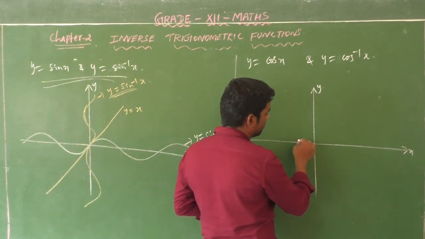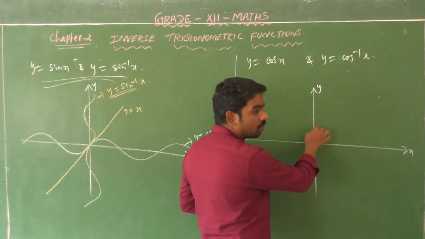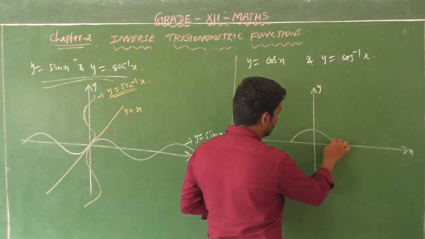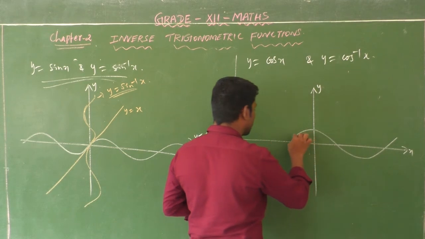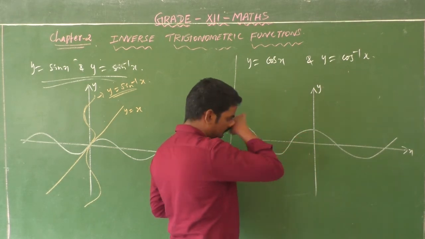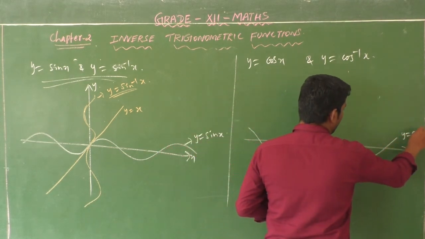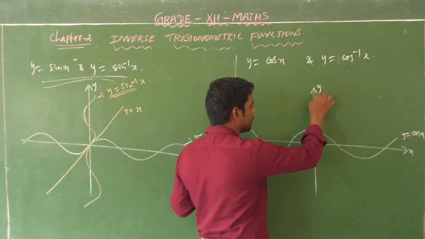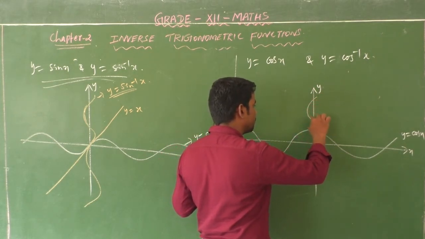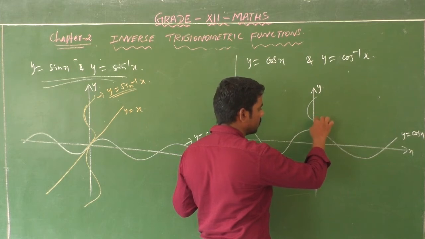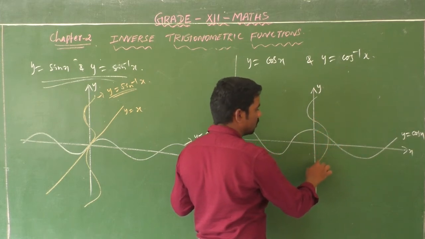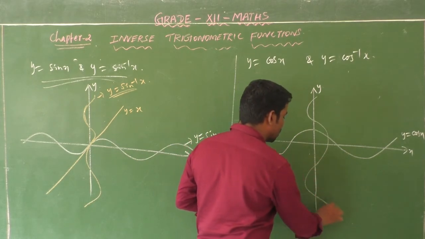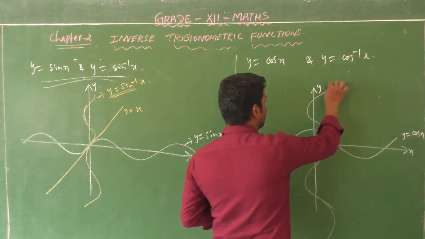So y equal to cos x passes through 0 comma 1. This is y equal to cos x. And y equal to cos inverse x passes through pi by 2 comma 0, and 0 comma pi by 2. This is y equal to cos inverse x.